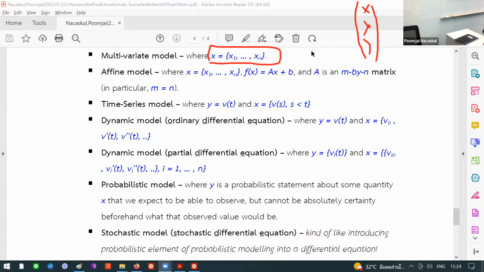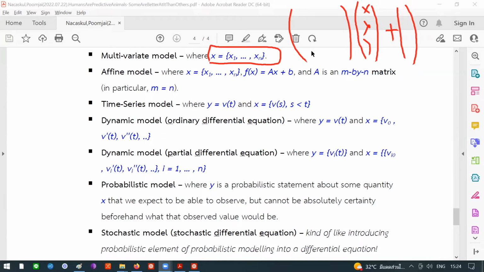Basically, you just multiply it with a matrix, okay? And then maybe you add something. Strictly speaking, if you don't add anything, it becomes a linear model. If you add something, it becomes an affine model. That's just a technical word in mathematics, okay? The point is, does the dimension have to match? Yes, the second one has to match.